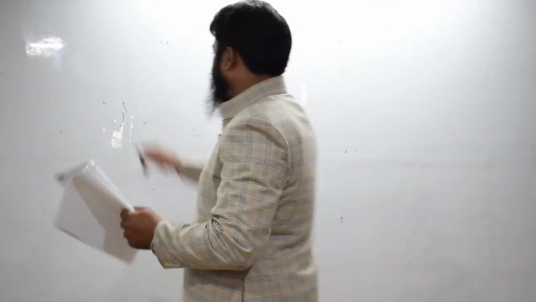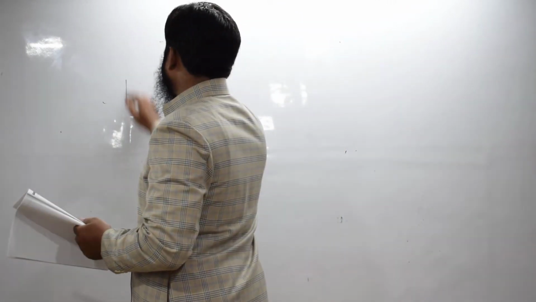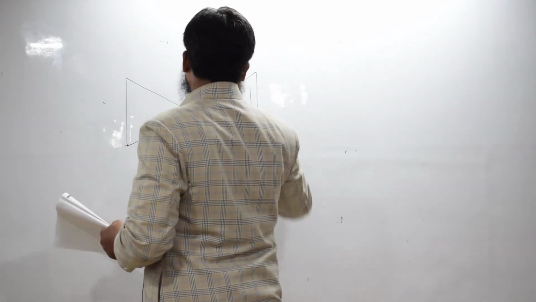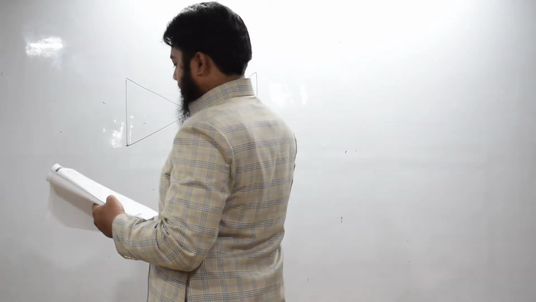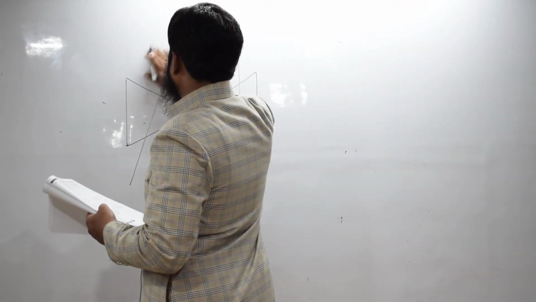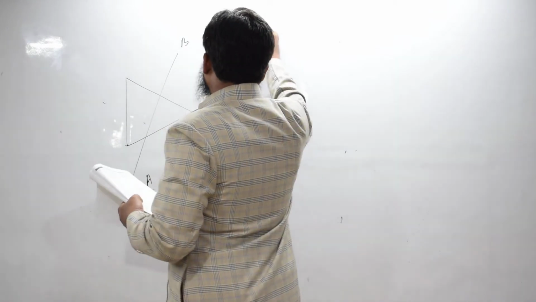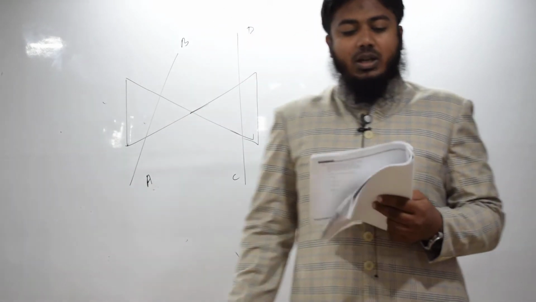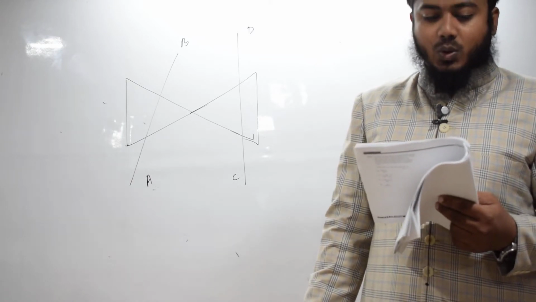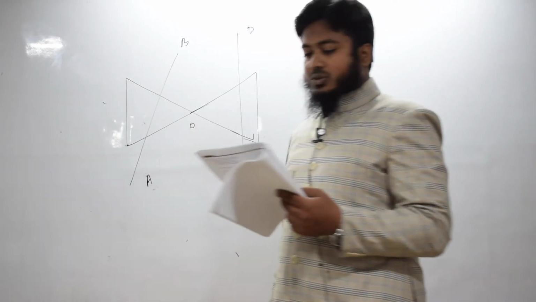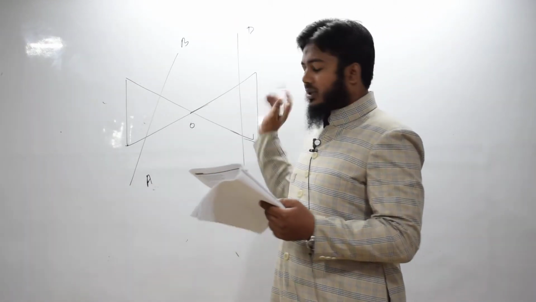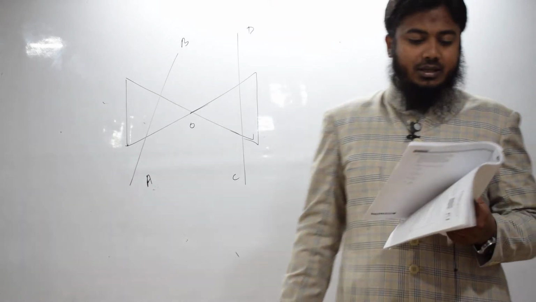Now, this question, let me first make a diagram. So, this is the question. A roller is made by joining together two cones at their vertices O. The vertices are joined. It is kept on two rails AB and CD, but you can see the rails are not parallel.